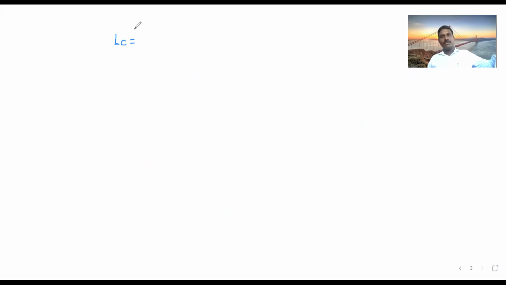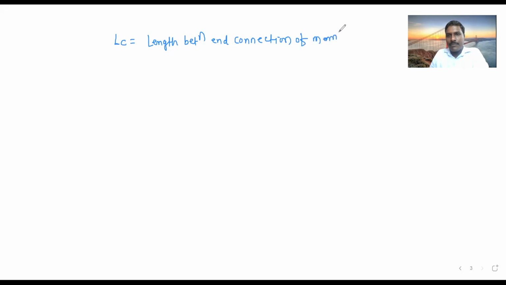So Lc is nothing but the length between end connection of member.